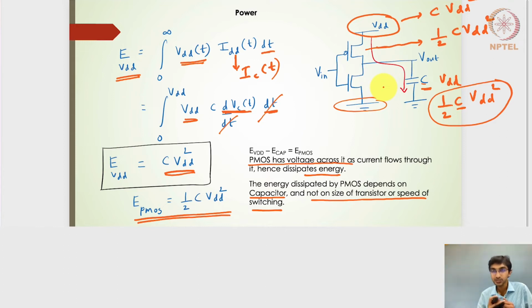But assuming that it has sufficient time to reach the steady state, the energy released by this PMOS will be nothing but half C VDD square, which is equal to the energy stored by this load capacitance. And that energy doesn't really depend on the width of the PMOS transistor or the width of the NMOS transistor. All right, so hope this is clear.